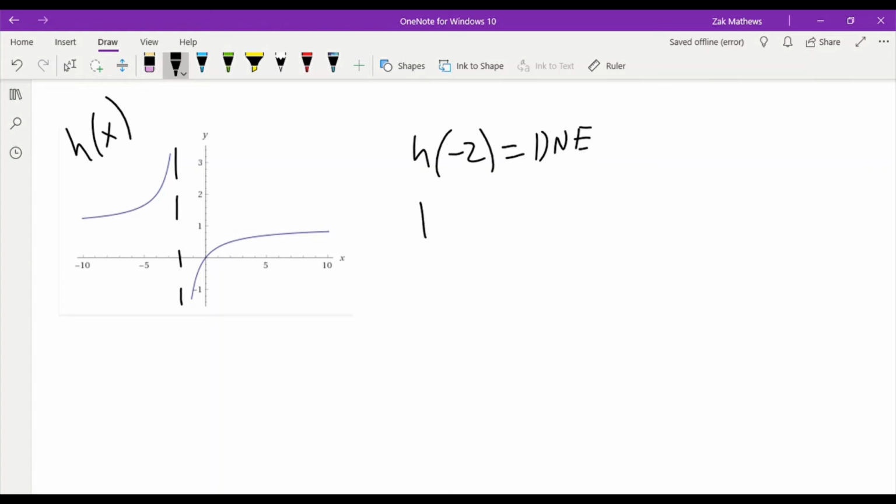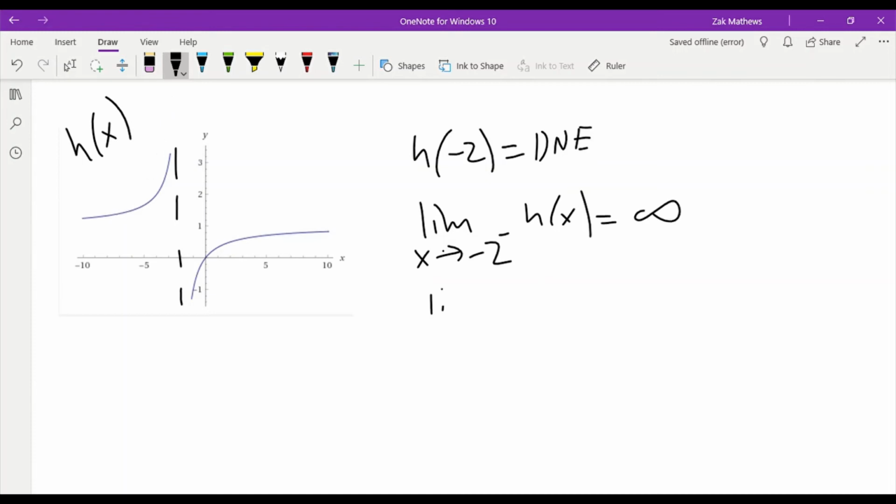But we can talk about the approaches. If we look at the limit as x goes to negative 2, well, we do still have a problem there because it depends. We're coming from the left. Well, if we're coming from the left, we can see this is shooting off to infinity.